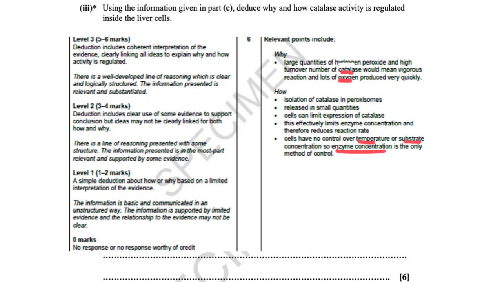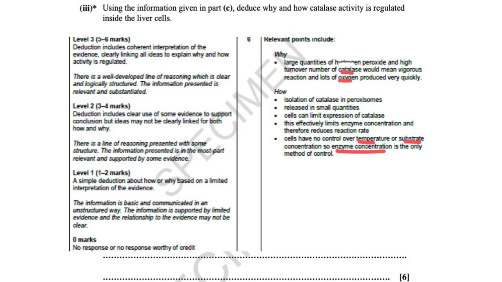How you can achieve that is that you can isolate the catalase in peroxisomes. Therefore, by releasing it from the peroxisomes, you can control the quantity of catalase that's present, and you can do that by releasing it in small quantities. Alternatively, you could have mentioned that cells can limit the expression of the catalase gene.